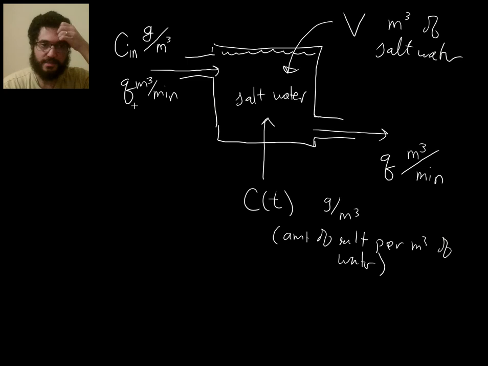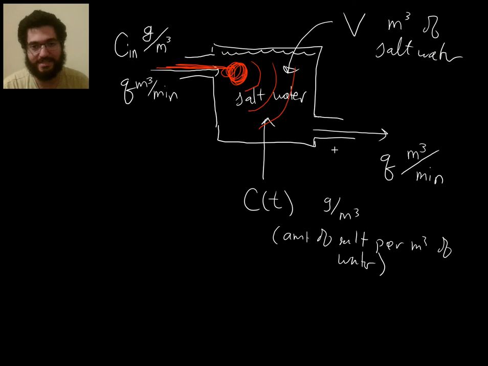In reality, this is not such a good assumption. In reality, if something very salty is coming in here, then this area will be very salty, and it'll take time for it to spread out its saltiness to the rest of the tank, right? So you'll have less salty areas here, and then very salty areas here where the extremely salty water is coming in. So it wouldn't make sense then to have this one number, C of t, represent the concentration overall in this whole tank.